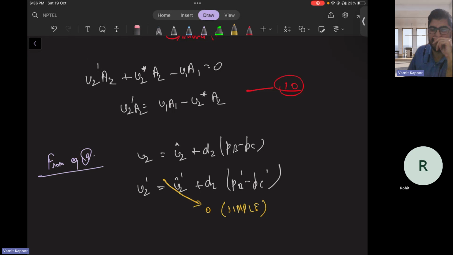Any doubts in this? So you discretize the continuity equation in terms of the collocated mesh, both momentum and continuity equation, on the primary cells, which are basically B and C. Any doubts still here from equation 9?